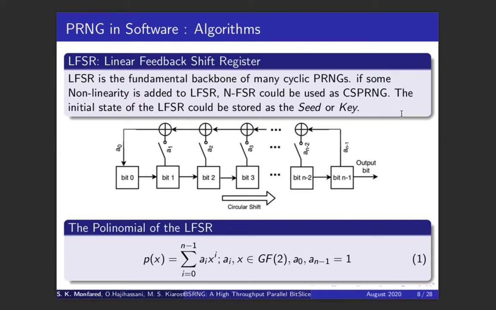After thousands of circular shifts, you have a random sequence of bits, and the LFSR is working properly. Also, the LFSR can be represented by a polynomial, as seen in equation 1.